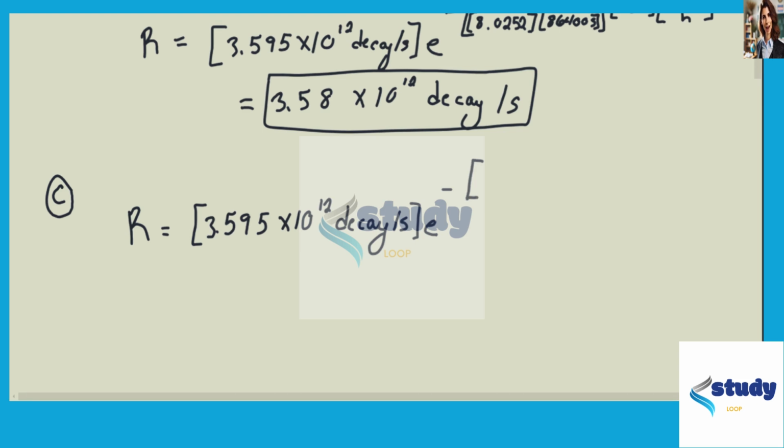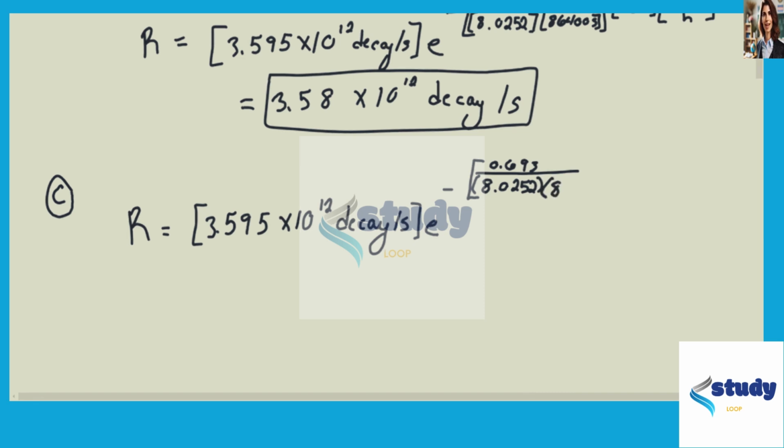And we're going to repeat the same motion that we had earlier, which was 0.693 times 8.0252 times 86400, and we have 3 months later. Oops, my bad, it's 1/4 of the year.